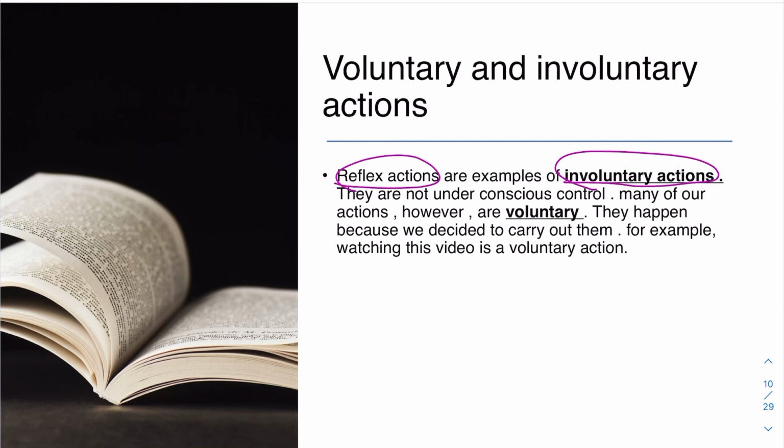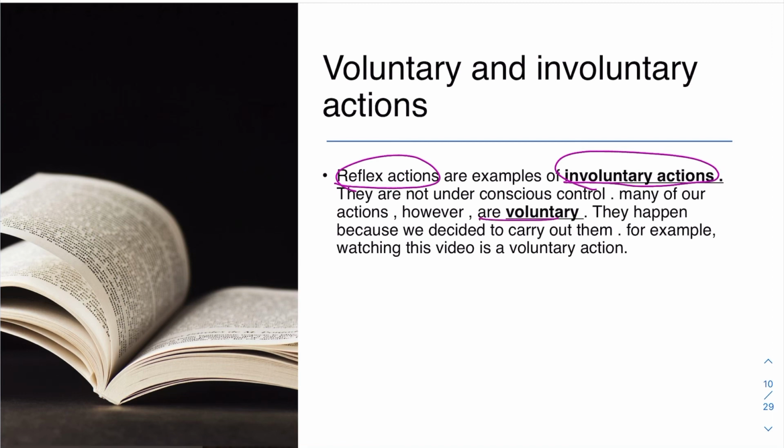So when we see something dangerous happening nearby, we just run. Similarly, animals, when they see predators, they just run quickly, they react, they respond. They don't think. There is no time for thinking. That's why it's called involuntary actions.